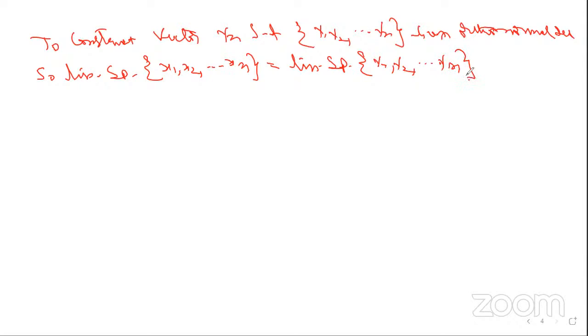To this end, consider the vector zn equal to xn minus sigma i equal to 1 to n minus 1 inner product of xn comma yi into yi. Note this zn is not equal to 0.